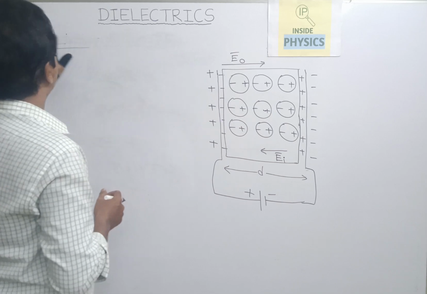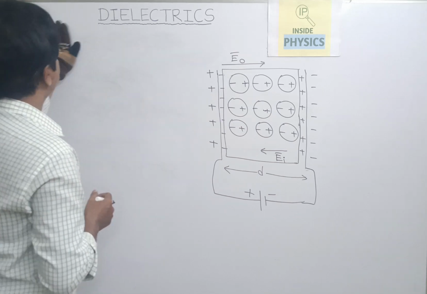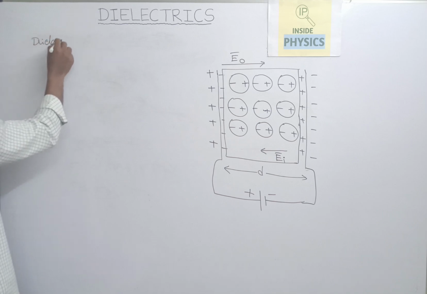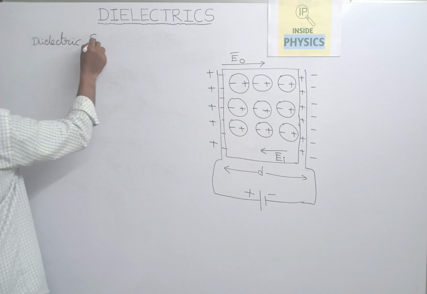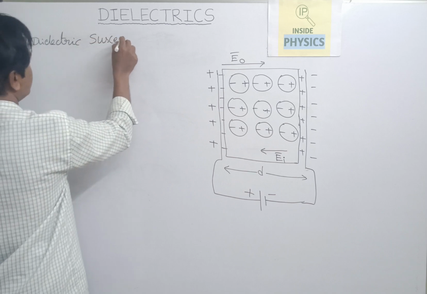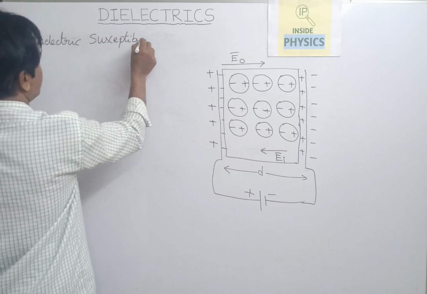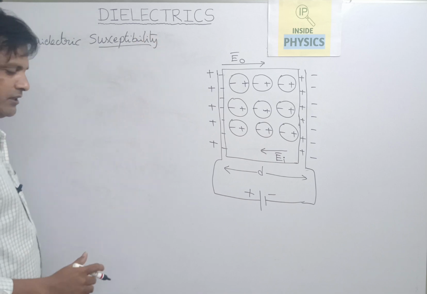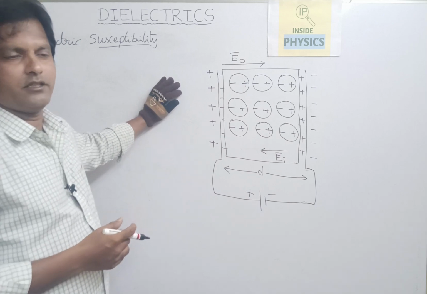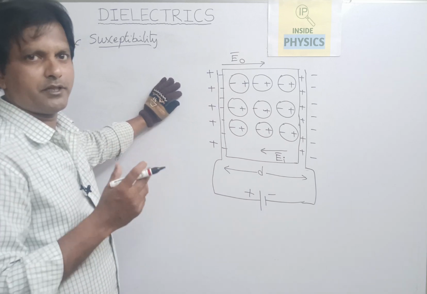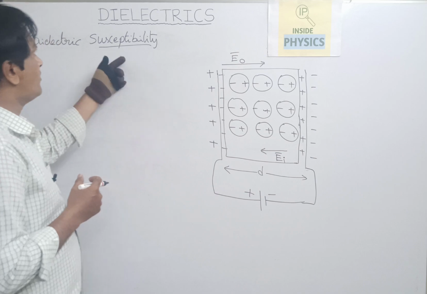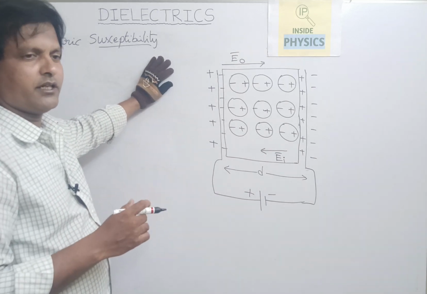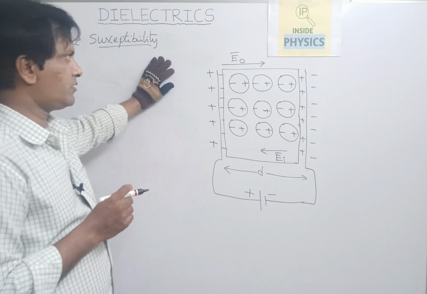Now we will move to dielectric susceptibility. What is susceptibility? It means the degree of polarization that can happen in a particular material. It is almost like polarizability, but susceptibility is related to that particular characteristic of the material.